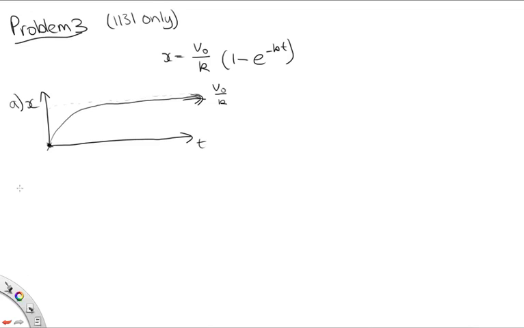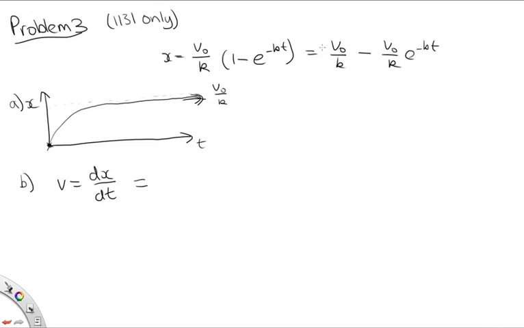In part B, we're asked to derive a formula for the velocity. Now, to do this, we need to use the fact that the velocity is equal to the derivative of x with respect to time. So we can write x as v naught on k minus v naught on k e to the minus kt.